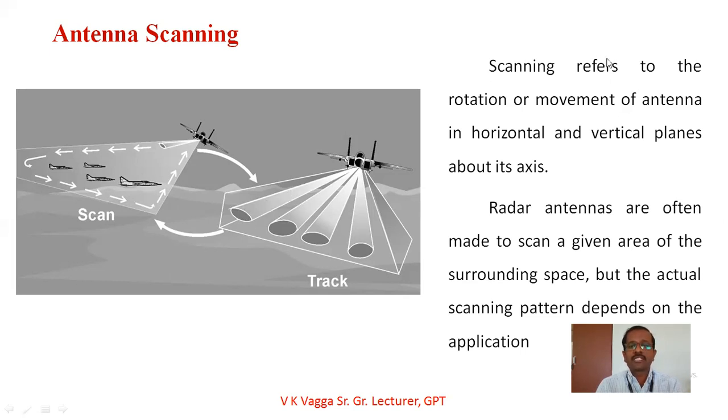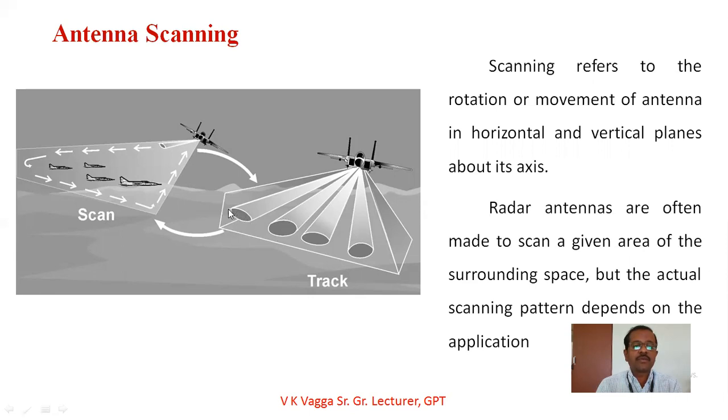So the scanning refers to the rotation, or the movement, of an antenna in the horizontal and vertical planes about its axis. The antenna is often made to scan a given area of the surrounding space, along with the radius. It is going to scan only a certain space.